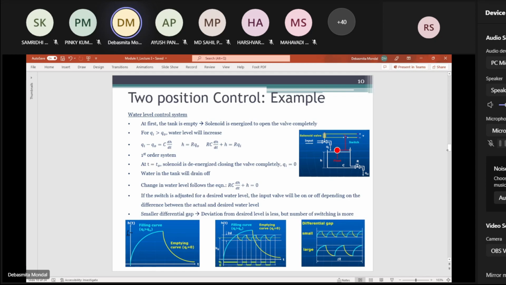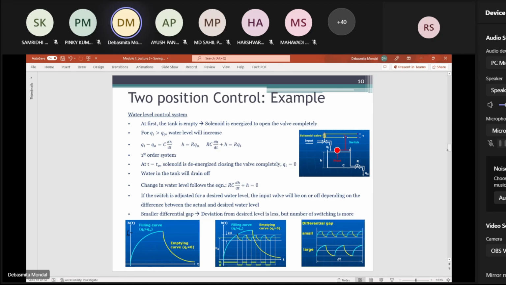Now we are introducing a differential gap. Initially it is filling up. This was the first case, when there was zero differential gap. When you have a small differential gap, the moment the level crosses HD plus D, it will close the input valve and the water level will start decreasing.